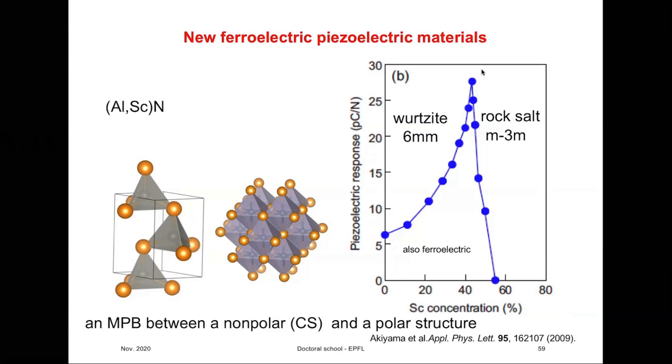And then I think around 2009, it was proposed theoretically and discovered experimentally that if you start putting scandium in a wurtzite structure, the piezoelectric coefficient starts increasing by a factor of 5 or so, which is huge, 500%, up to about 50% of scandium, and then drops down to 0.